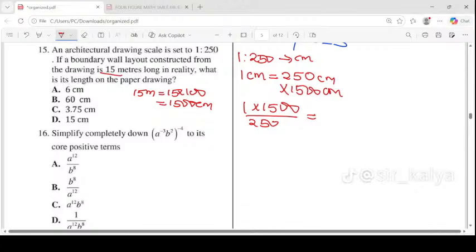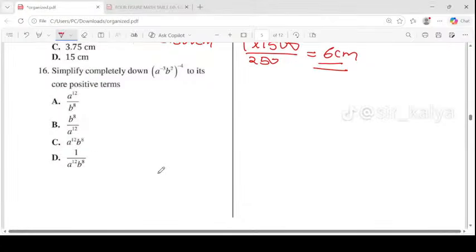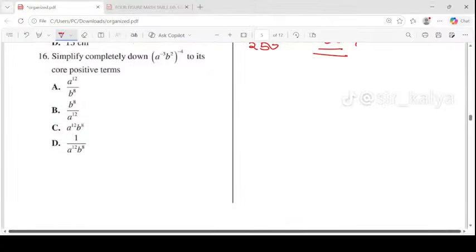This exactly gives you 6 centimeters. I had interchanged it. 6 centimeters is the answer, making it A for apple. Let us look at the next question, that is question number 16.